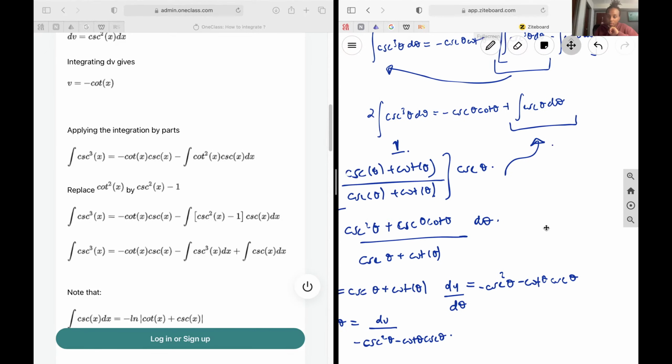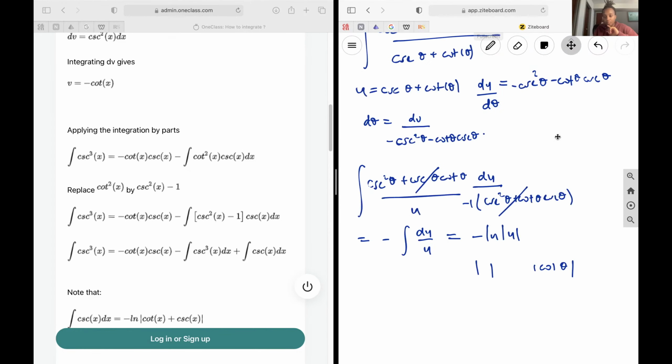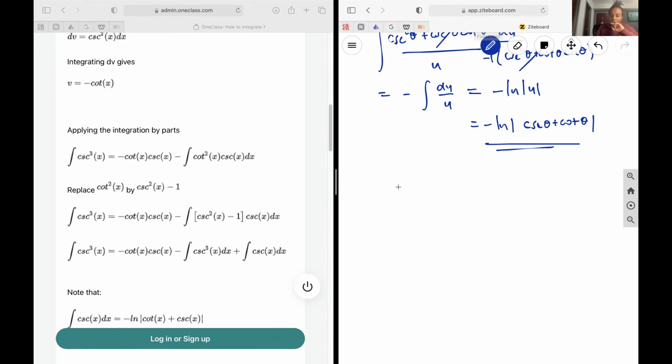And so we get that 2 times the integral of cosecant cubed theta is equal to negative cotangent theta cosecant theta plus negative ln the magnitude of cosecant theta plus cotangent theta.